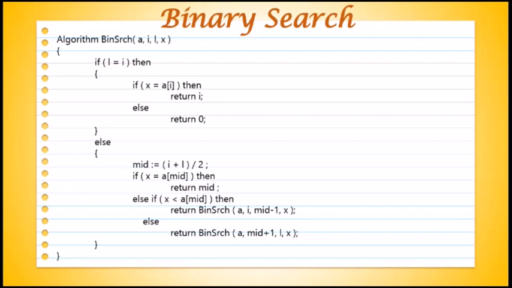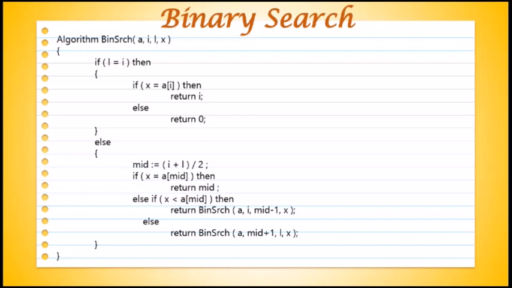So that's why we are changing the value of I, that is mid plus 1. So if X is not equal to A of mid and X is not less than A of mid, then obviously X will be greater than A of mid. So in this case we are changing the starting position, so it will be mid plus 1. So again here also we are recursively calling the function.